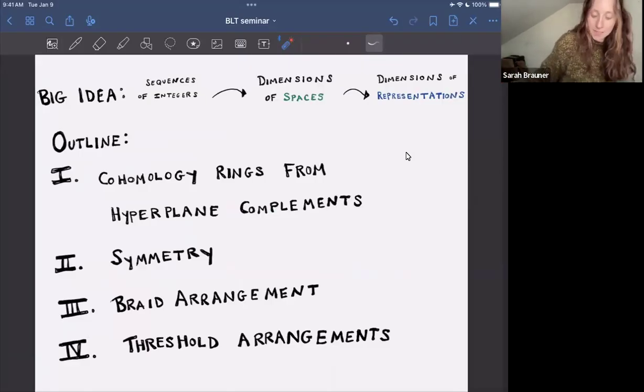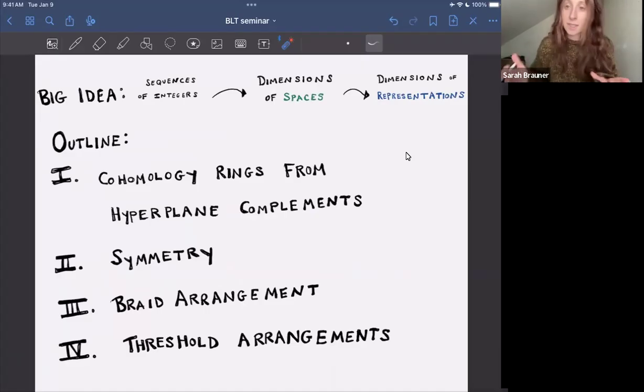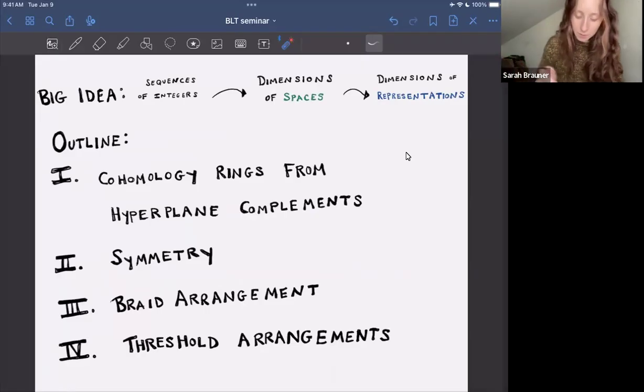The big idea is a philosophy that I like to think of in a lot of my work, which is that studying sequences of integers that are interesting and appear in combinatorics is oftentimes the shadow of some algebraic thing that's going on.